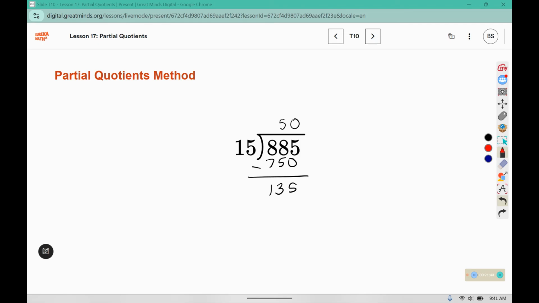Then 15, it can't fit in there 10 times, but it could fit in there 9 times. So 15, 30, 45, 60, 75, 90, 105, 120, 135. This time we don't have any parts left over. So if we combine 50 and 9, that gives us 59.